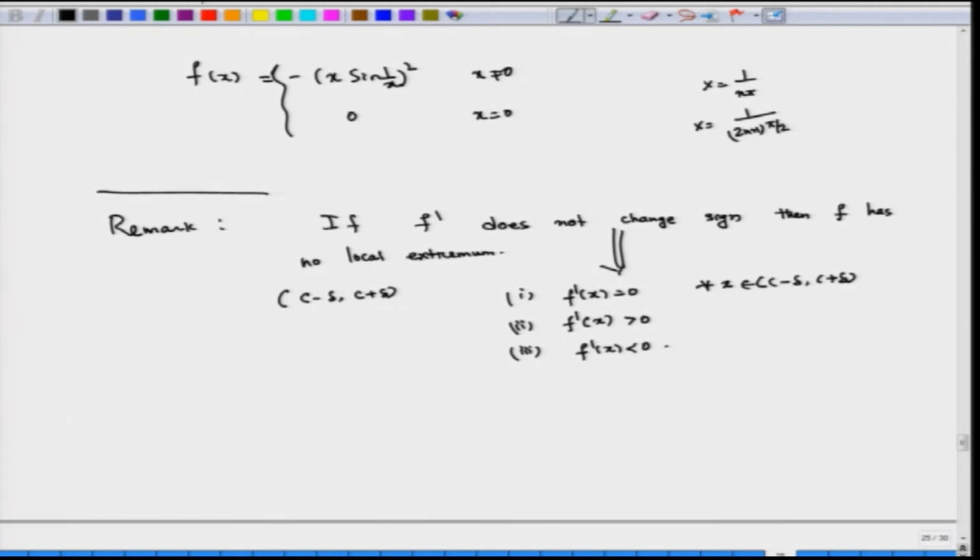Now if f prime of x is 0 on this interval, then f is constant, so this is not a local maximum or minimum. If f prime of x is strictly positive, then f is an increasing function.